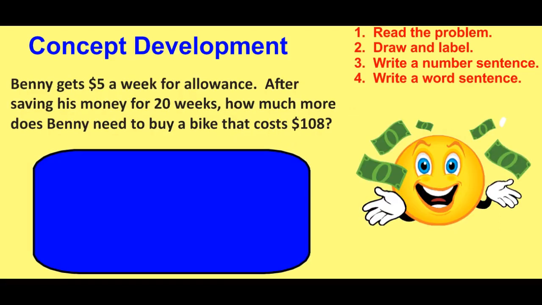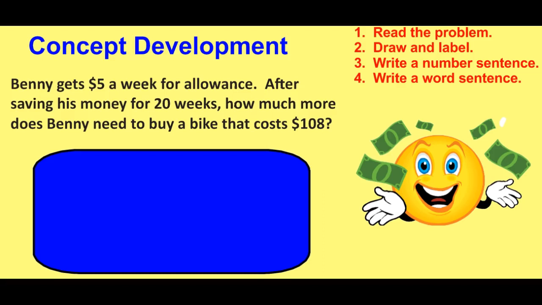Okay, our next problem is Benny gets $5 a week for allowance. After saving his money for 20 weeks, how much more does Benny need to buy a bike that costs $108? So go back, reread that problem.